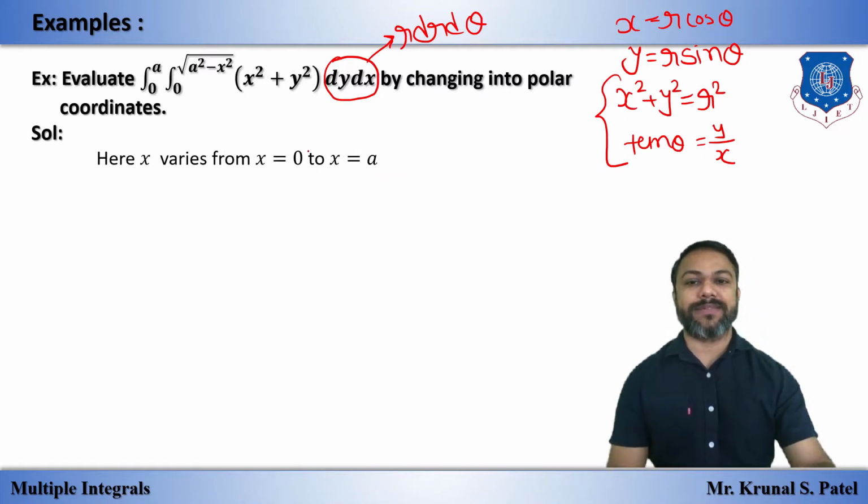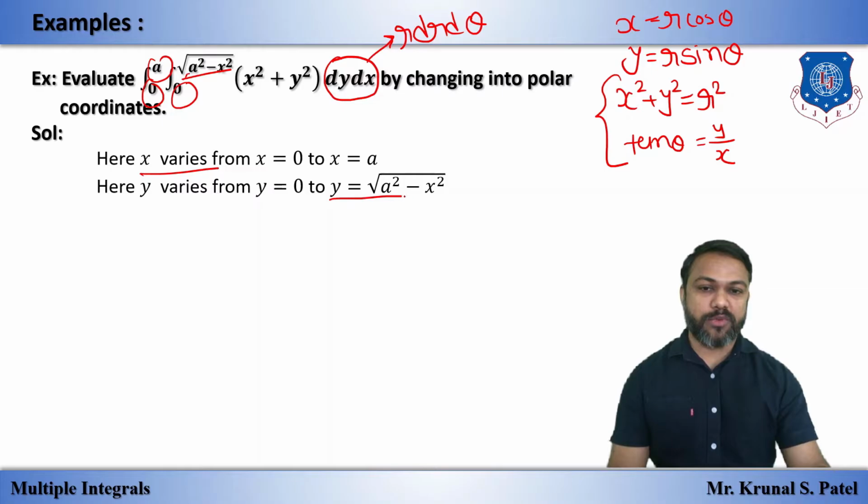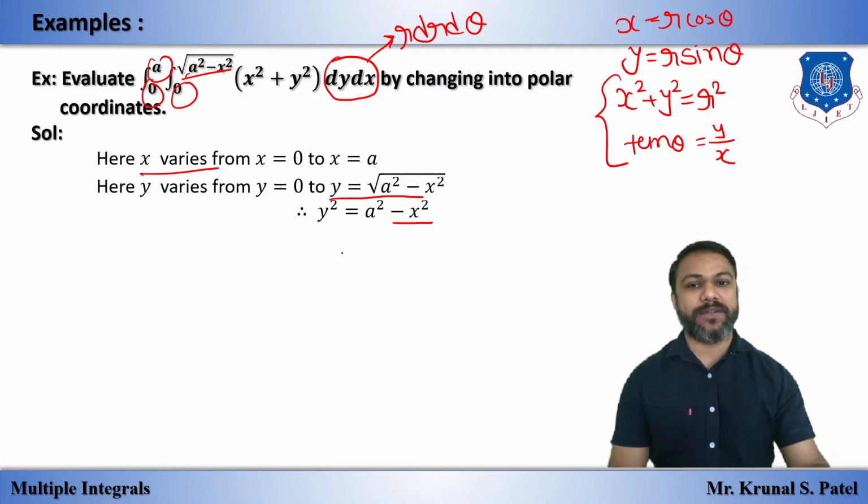Okay, so let's start with the given limits. Here x varies from 0 to a, and y varies from 0 to under root a square minus x square. Taking square on both sides, y square is equal to a square minus x square. Taking minus x square to the left side, x square plus y square is equal to a square, which is the equation of a circle.